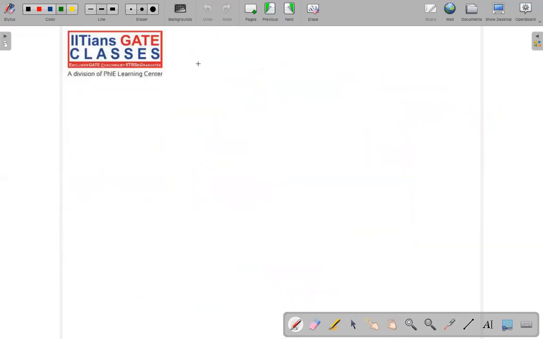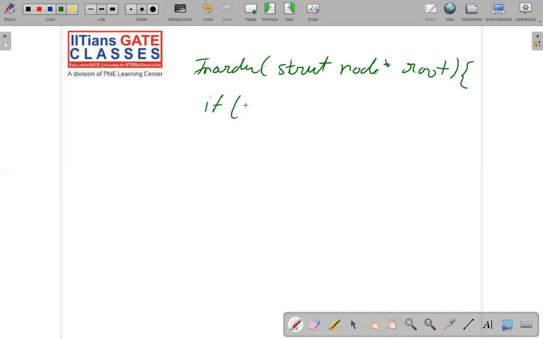First, let me write the program for in order. We are given the struct node star root. Now we first have to go to the left. We say that if root equal null, we will return, because if root is null, we cannot go left or right or print anything, right?